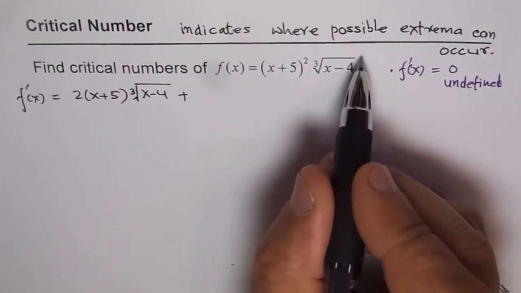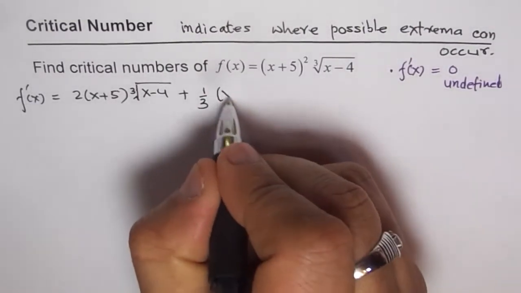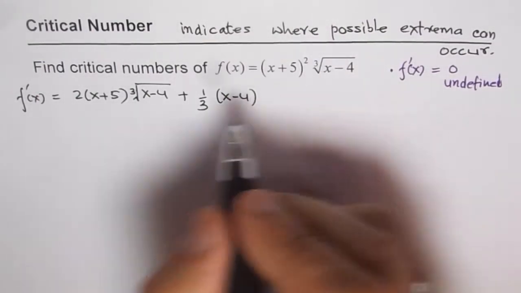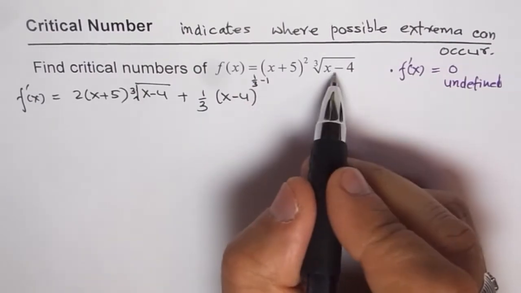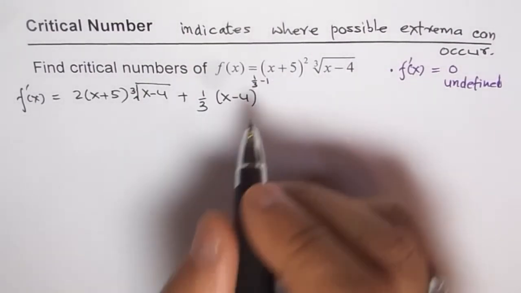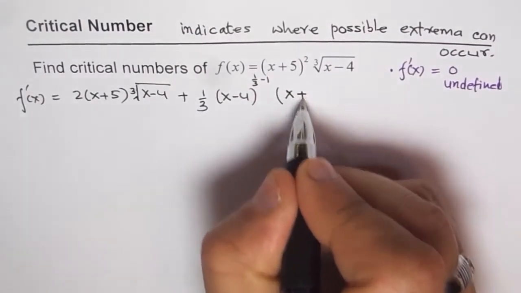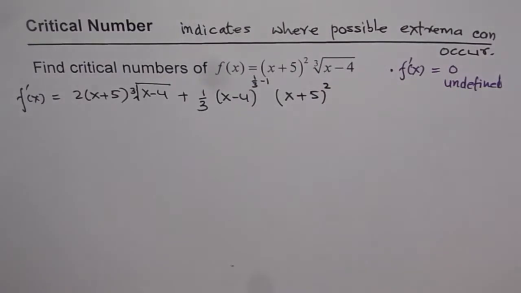It is to the power of 1 over 3, so we write 1 over 3 times (x minus 4) to the power of 1 over 3 minus 1, times the derivative of the inside function, which is 1, times the first function, (x plus 5) whole square. So that is the derivative of this function.